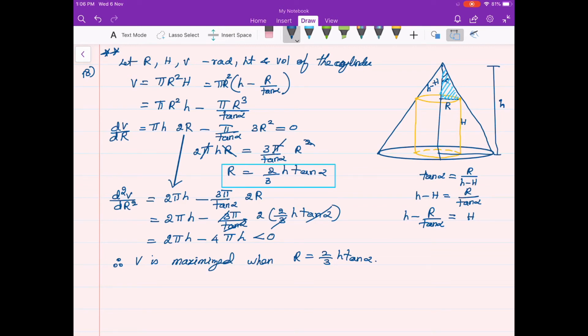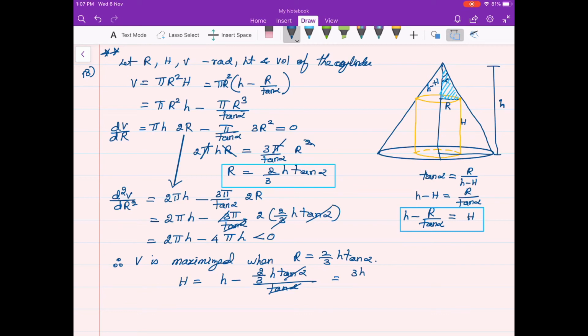Now we have to show that the height is 1/3 that of the cone. So let us make use of this result. H is equal to, let us substitute for R. R is 2/3 H tan alpha divided by tan alpha.